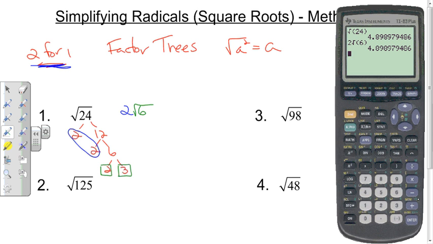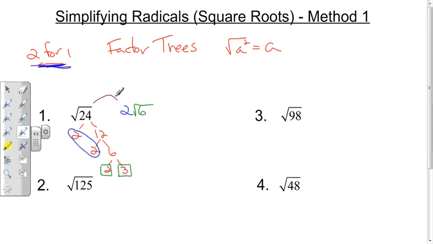We see that they are both decimals, they are both 4.898, etc. Now, interestingly enough, the decimal form is more useful at times, but it's not considered an exact value. The exact value here, when we simplify the square root of 24, is 2 root 6.